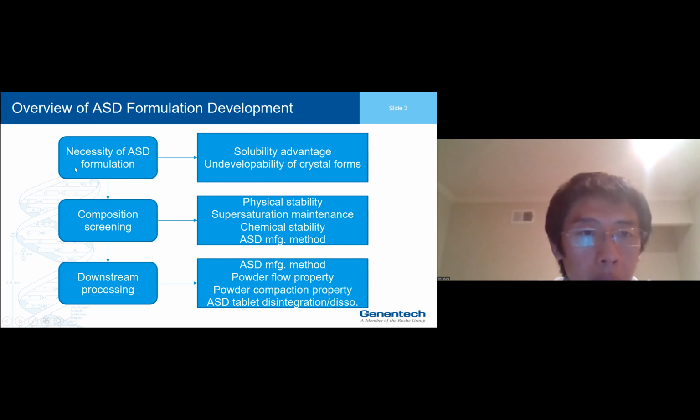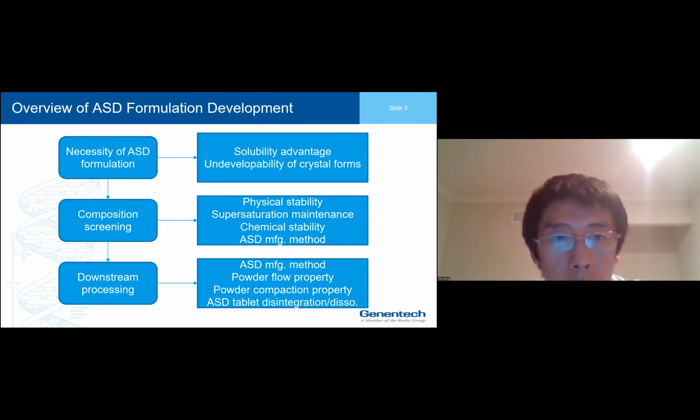If the decision of ASD formulation development is made, the next step will be screen the composition of the ASD formulation, including polymer and surfactant. So when we do the composition screening, we will consider physical stability of the ASD prototypes and the supersaturation maintenance of the ASD in dissolution process. We will also consider chemical stability and ASD manufacturing method.